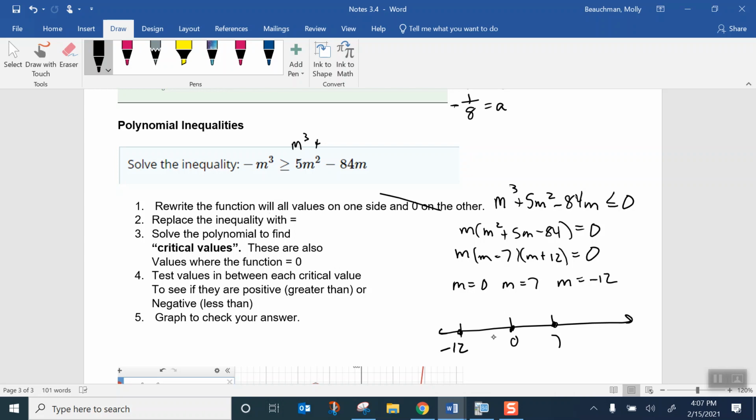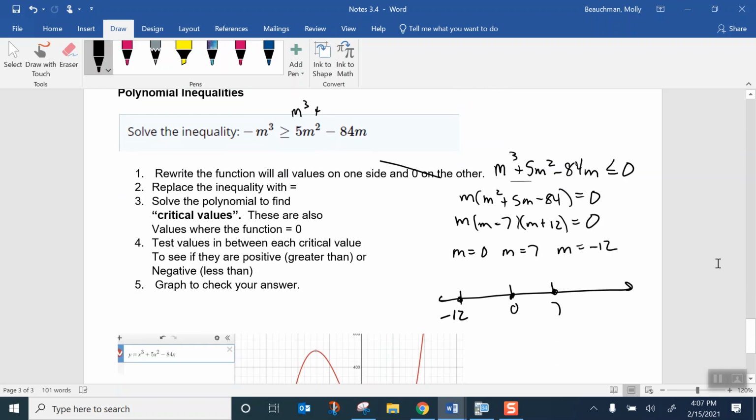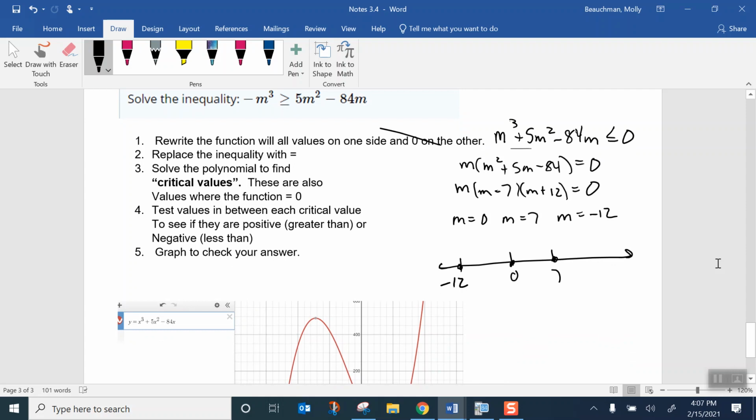So I would take a value between 0 and negative 12, maybe negative 1, and put it in the function and see what the output is. I just want to know if it's positive or negative. Then I would take a value between 0 and 7 and put it in the function, and again I just want to know whether it's positive or negative.